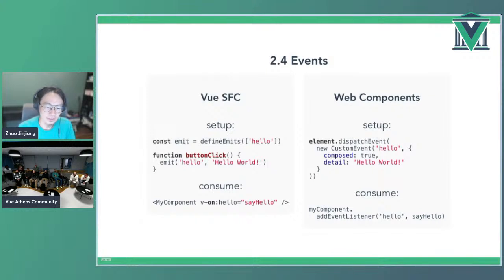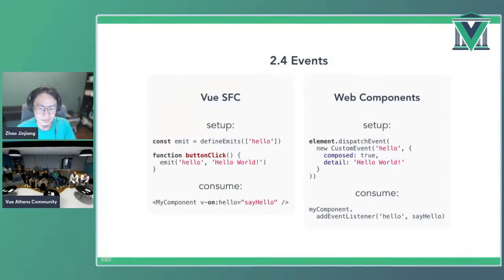The next one is about events. So this is special for the case where you want to pass data from a child back to the parent. In Vue, you can call defineEmits to get an emitter in a component, and then you can call it anytime with the event type and the payload.